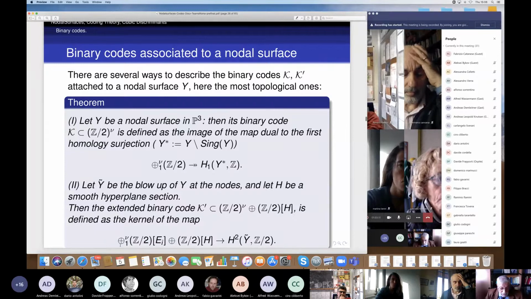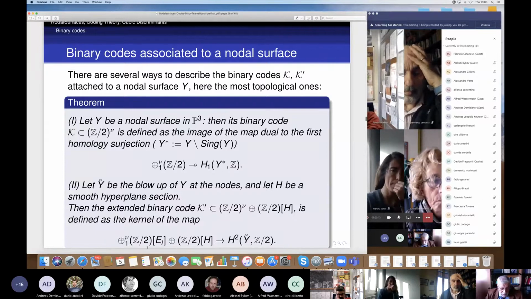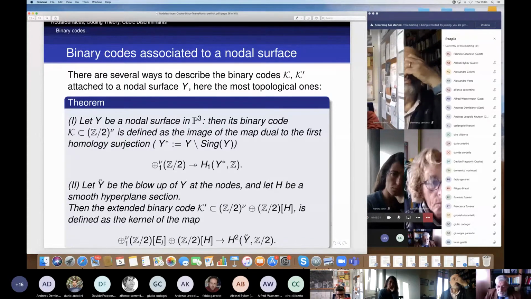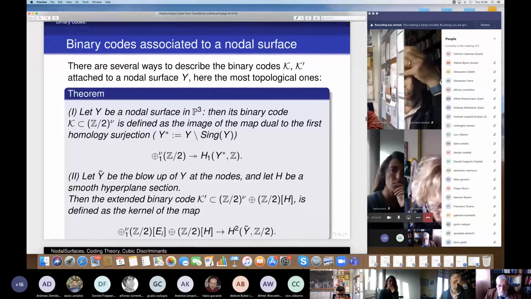So you take the vector space generated over Z mod 2 by these exceptional curves coming from the nodes and H, and you take the kernel of the map in the second homology of this blow up in Z mod 2. So this you have to believe.